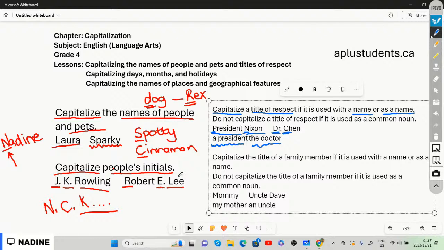So we also capitalize the title of a family member if it is used with a name or as a name. Do not capitalize the title of a family member if it is used as a common noun.